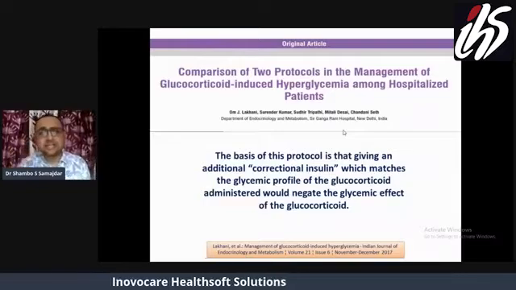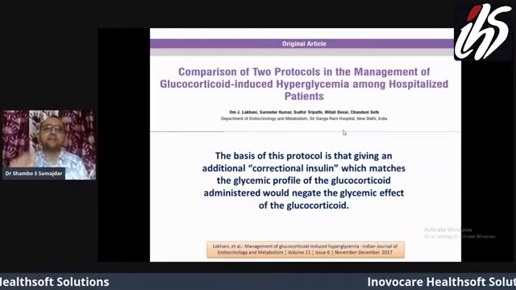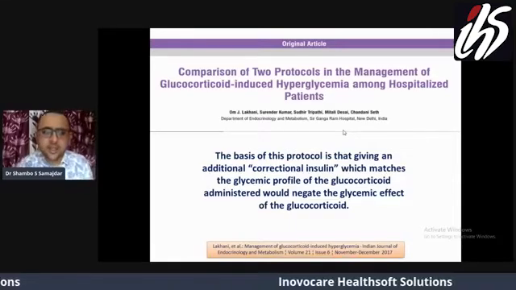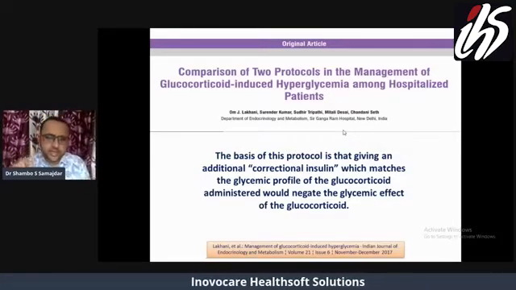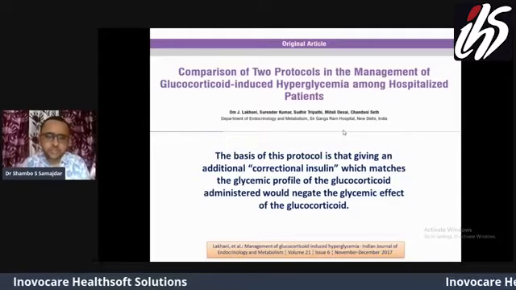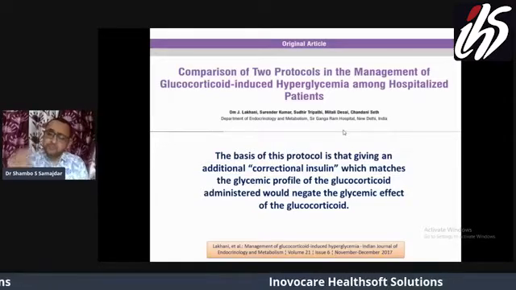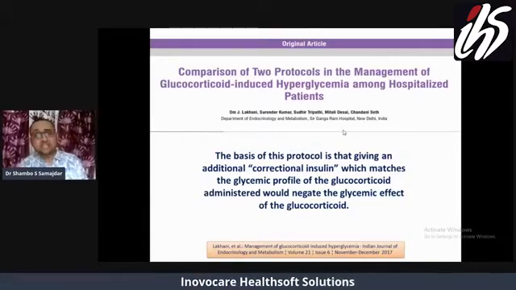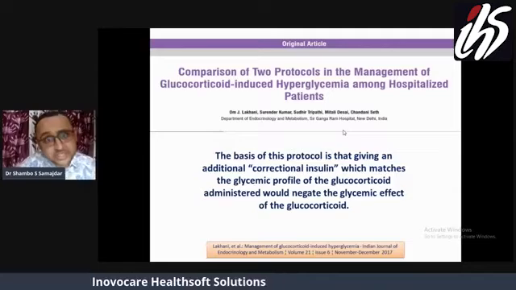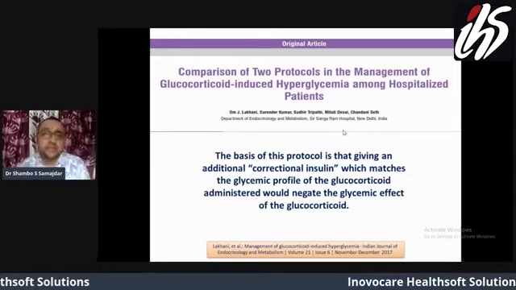And to understand this, I think this is a very beautifully done randomized control trial in New Delhi by Dr. Om J. Lekhani and Professor Sudhir Tripathi. So I want to discuss a little bit on this protocol, because it can help us manage steroid-induced hyperglycemia patients in a COVID-19 ward.